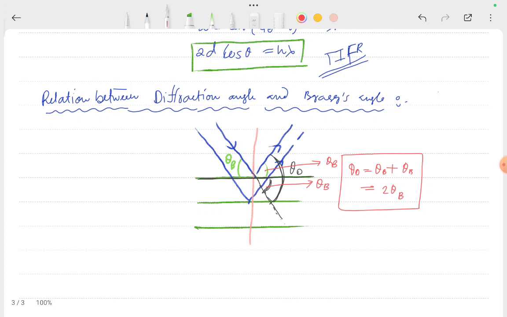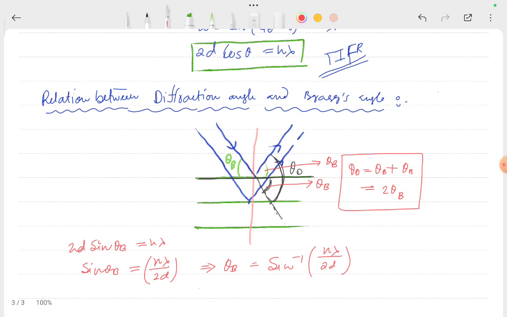Now we know Bragg's law: 2d sine theta b equals n lambda, so sine theta b equals n lambda upon 2d, and theta b equals sine inverse of n lambda upon 2d.